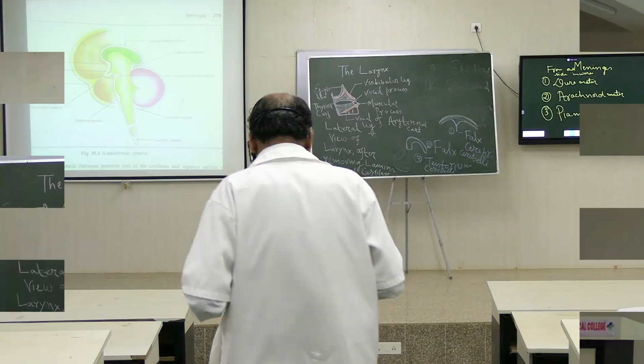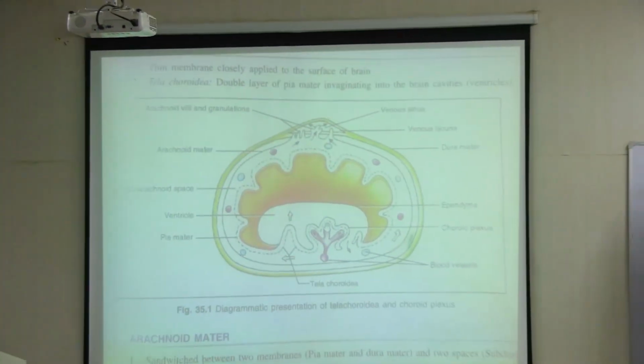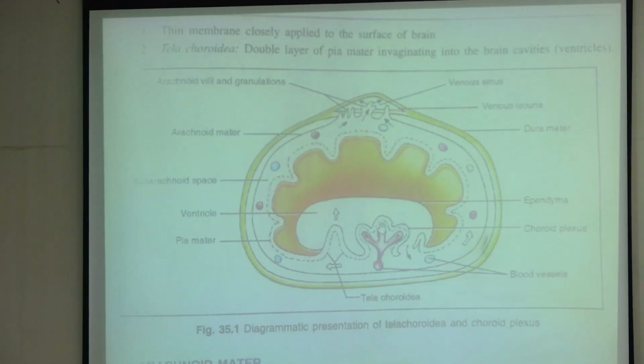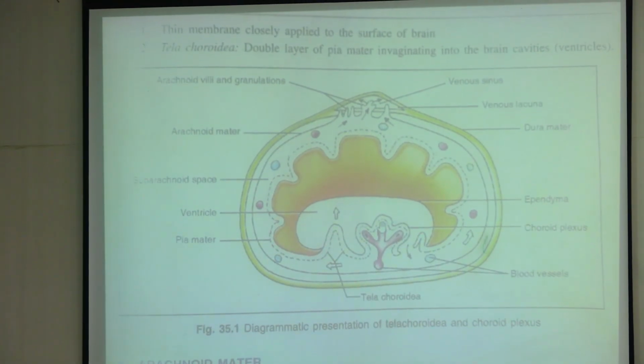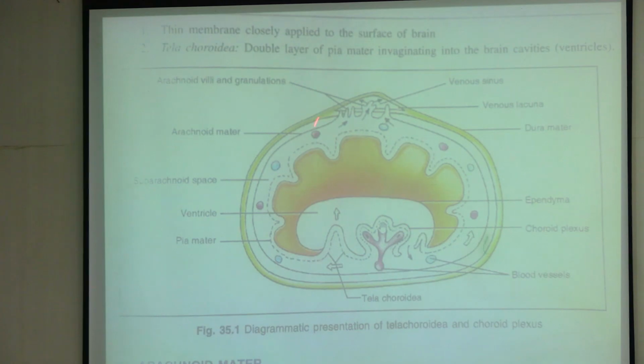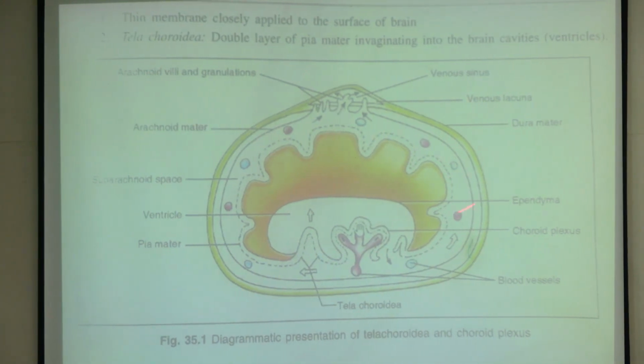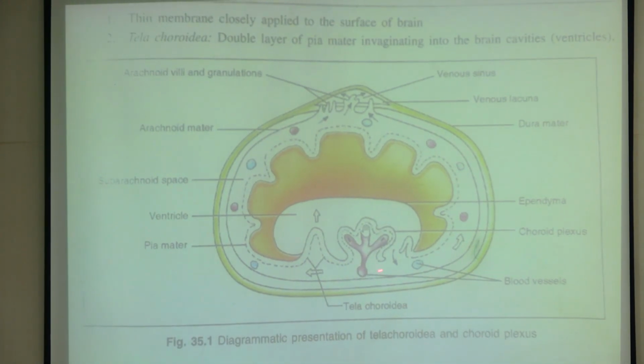Number one, look at this picture. If you can understand this picture, everything about venous sinus and the circulation of the CSF, how it is formed, will be clear to you.